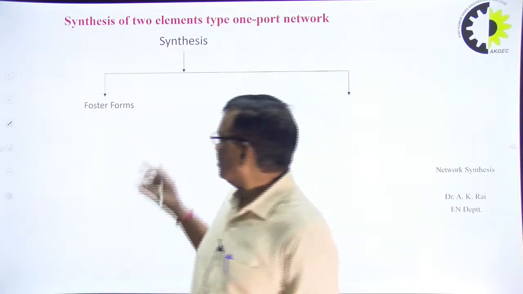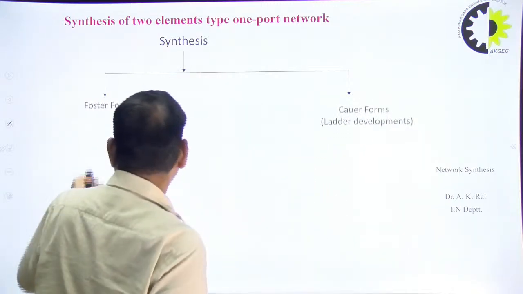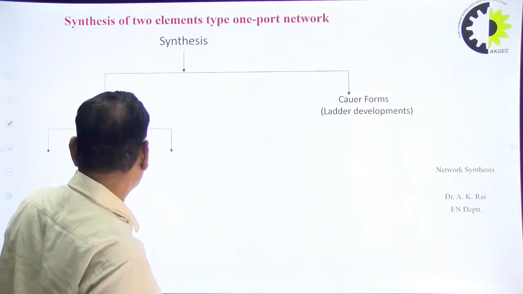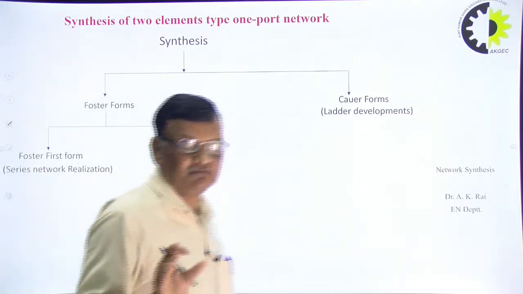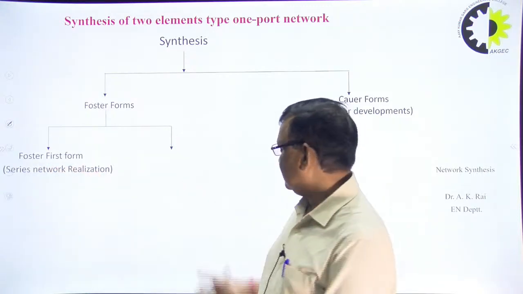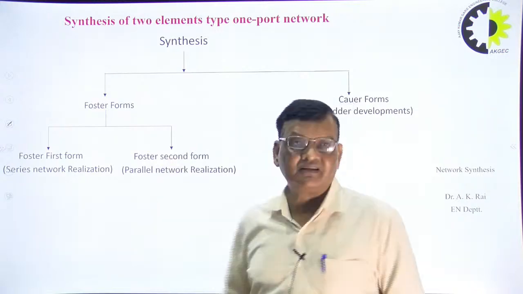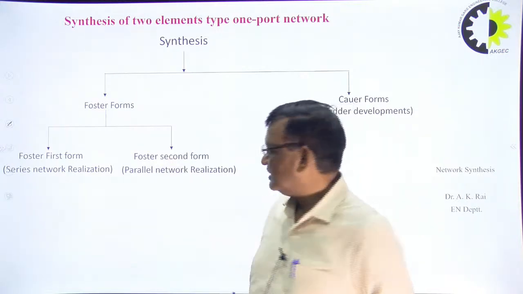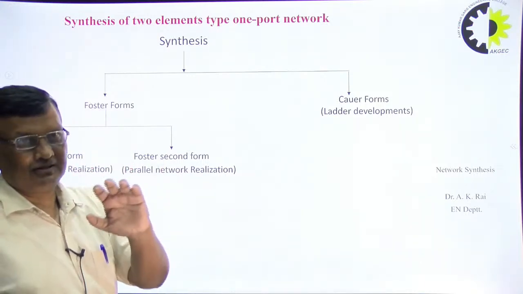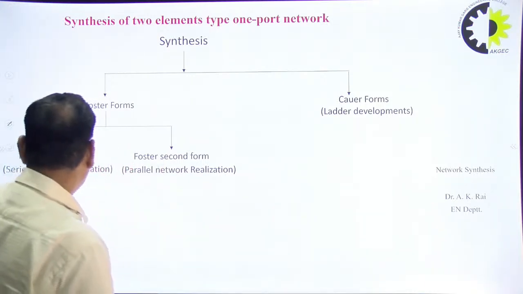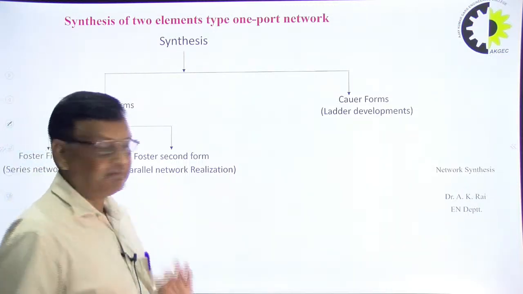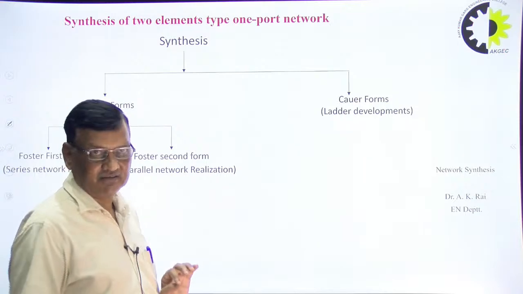So they have given the Foster forms and the Cauer forms. What are the Foster forms? Basically there are two forms of Foster. One is the series network realization and one is the parallel network realization. If the function is impedance, we go for Foster first. If the function is admittance, we go for Foster second.